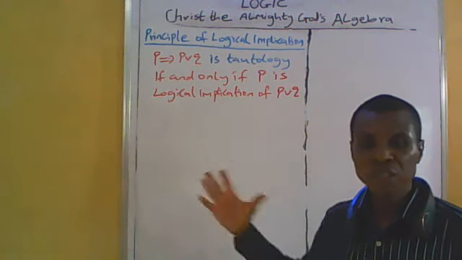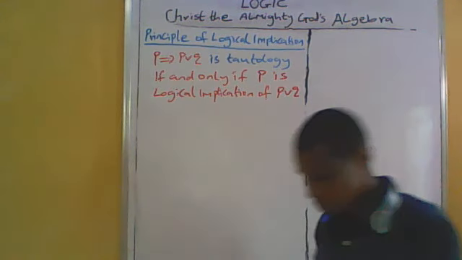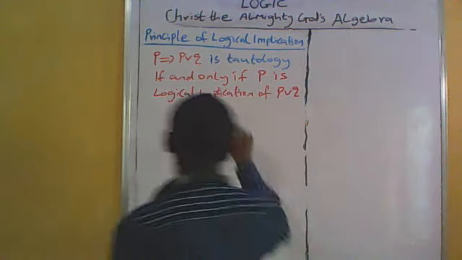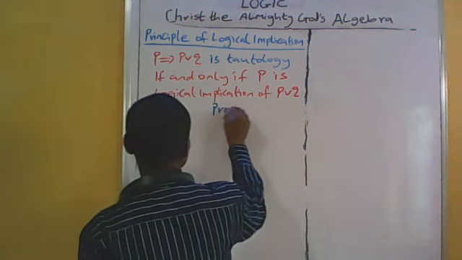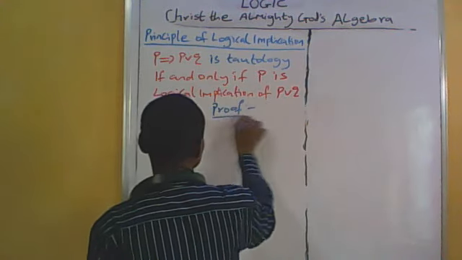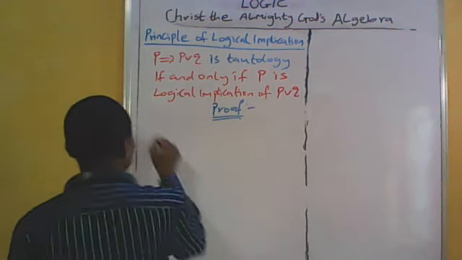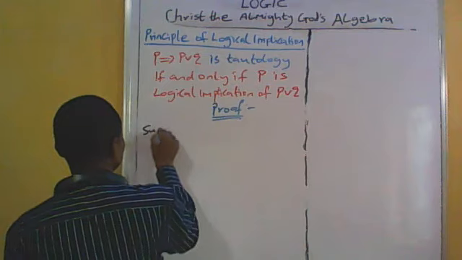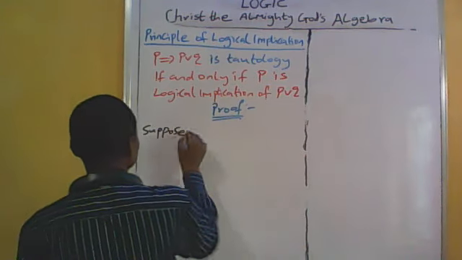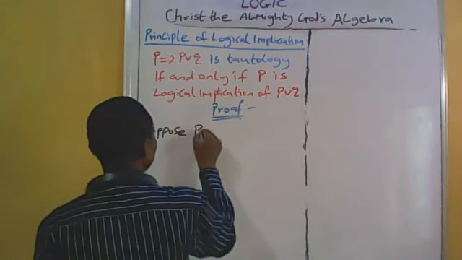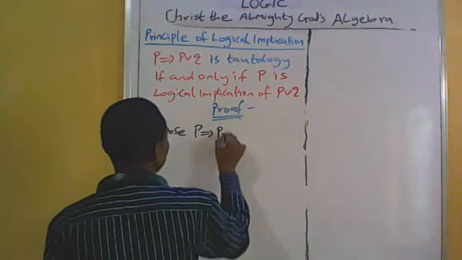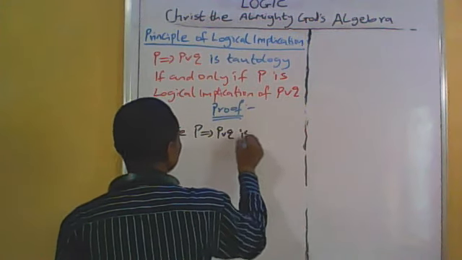So let us prove the principle. Proof. Suppose P implies P or Q is a tautology.